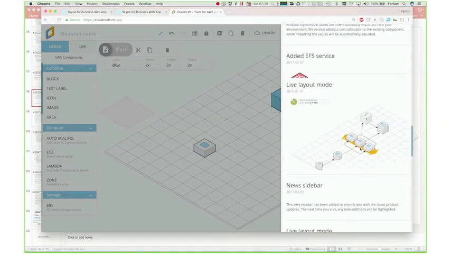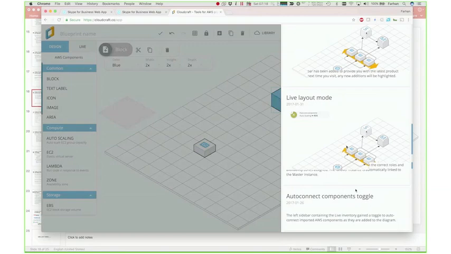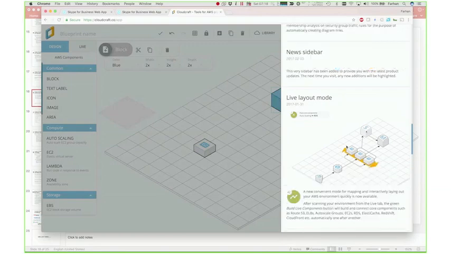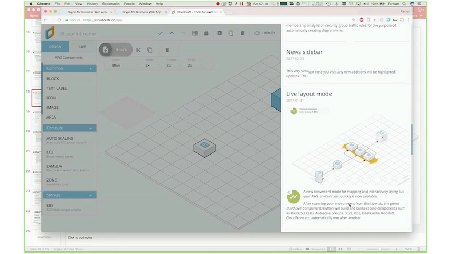So it's quite nice. If I play this, you would see how they create it and then how the live environment is shown. So just try it out.